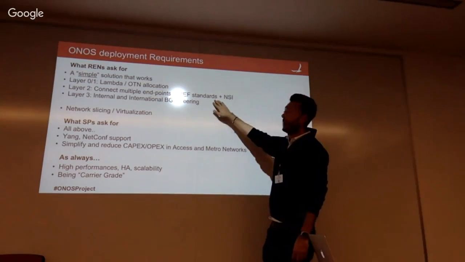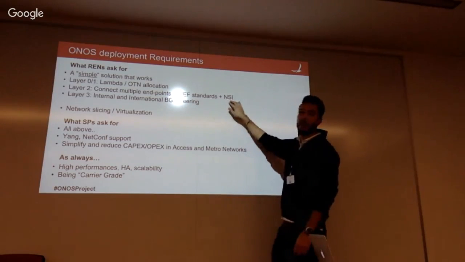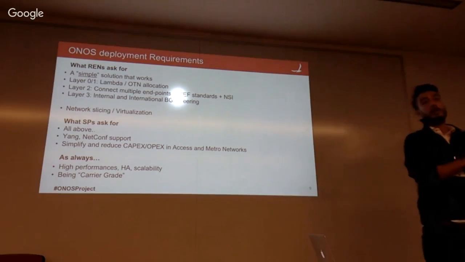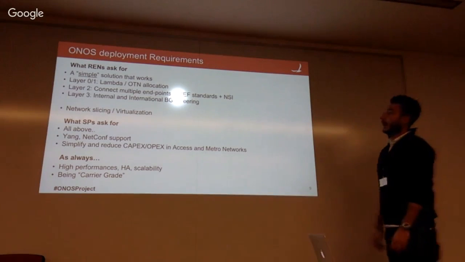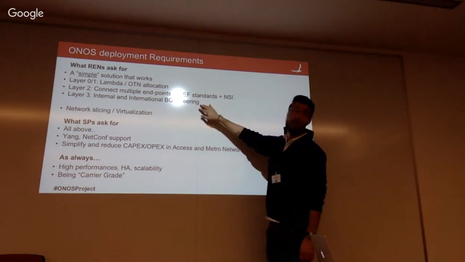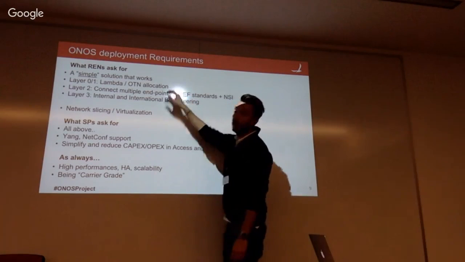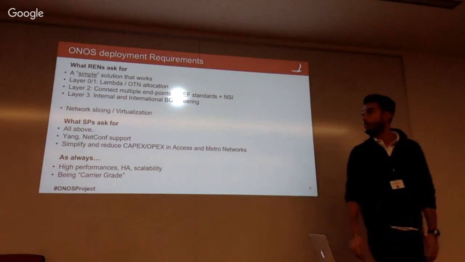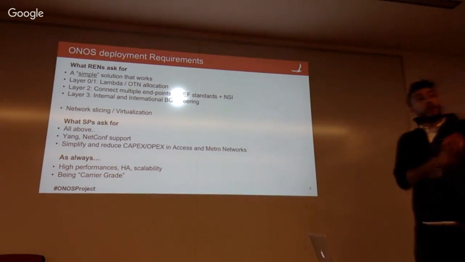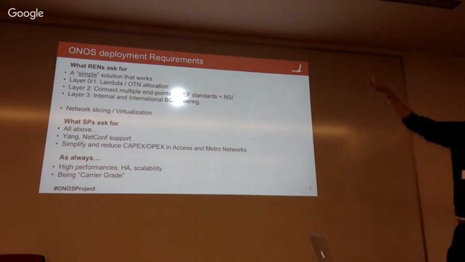Possibly compatible with the MEF standards for the industry, and for the research network with NSI for the multi-domain layer 2 circuit allocation. And then layer 3 for essentially internal and international BGP peering. Below that, possibly, on-demand Lambda allocation. Network slicing and virtualization are two new features that are coming out recently, and we are working on them. This is really the basic.